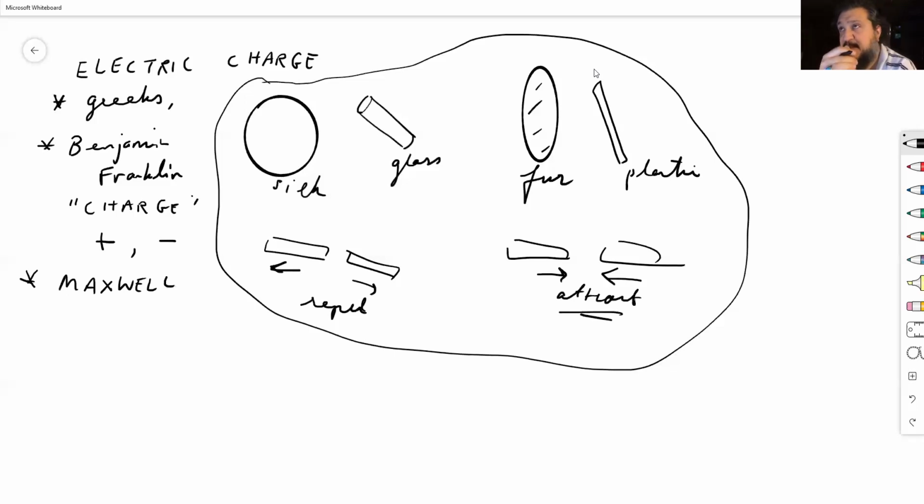Okay, so for a long time, people knew about electric charges, but they didn't know anything about magnets, or let's say they didn't know the connection between magnetism and these electric charges. It was Maxwell who combined the two and came up with a solid theory of electromagnetism.